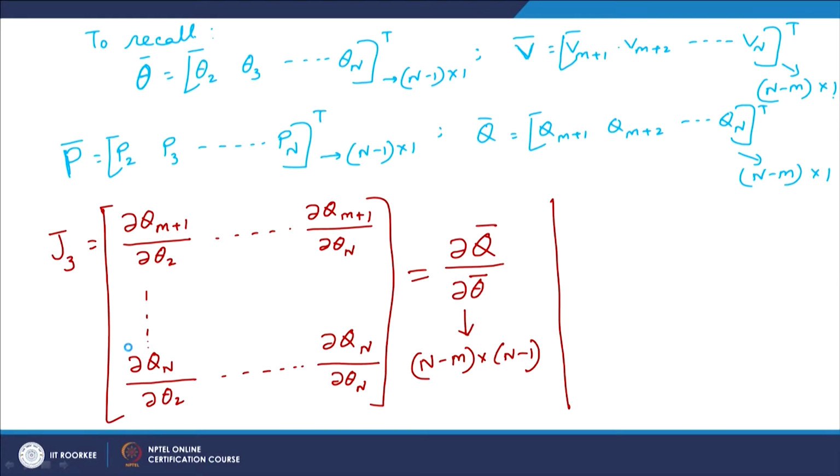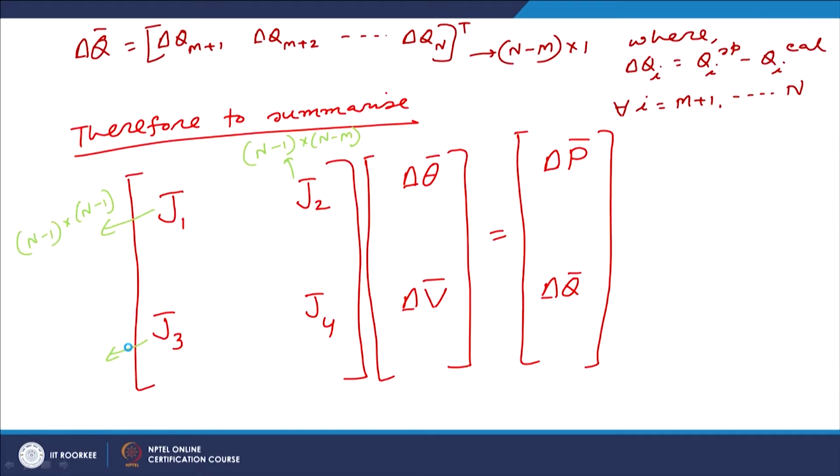J3 is n minus m cross n minus 1, and J4 is n minus m cross n minus m.